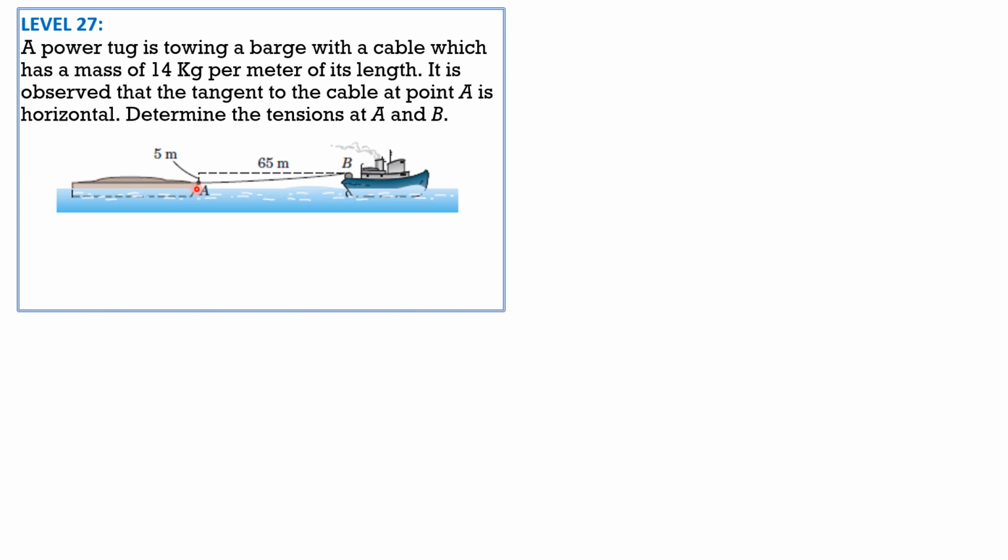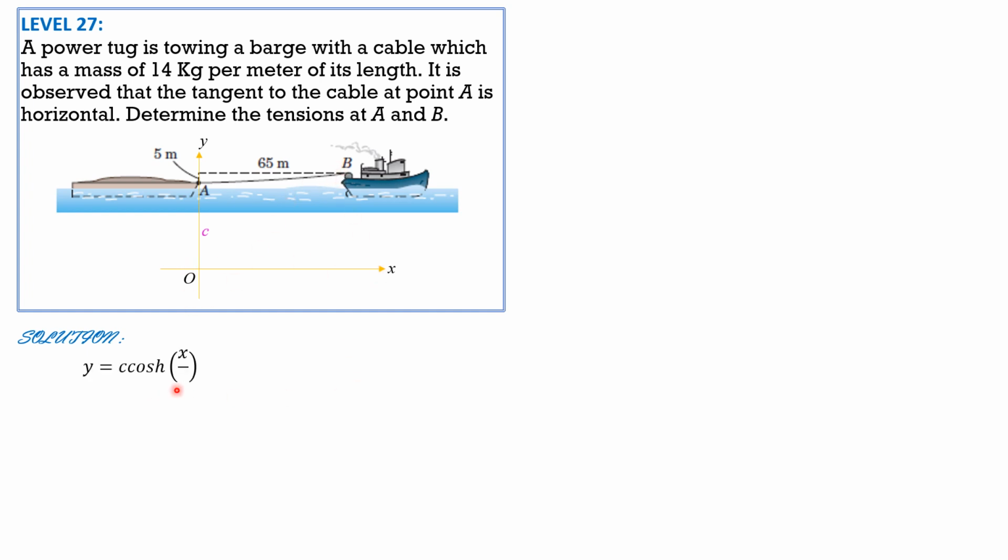Since this is the lowest point, the origin is below point A, as shown. Then we call this C, which is always the distance from the origin to the lowest point, and this is 5. So the tension at A is simply W times C. In general, tension is W times Y, where W is the uniform weight of the cable and Y is the distance from the x-axis to the point.